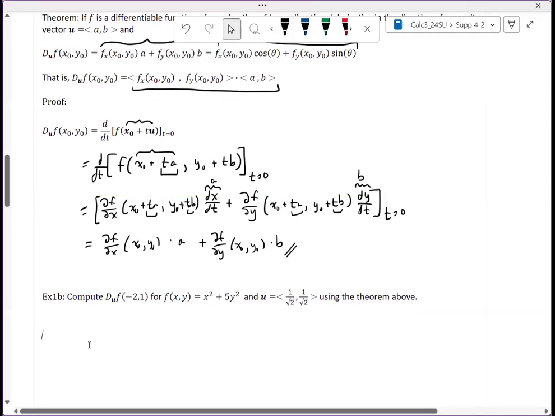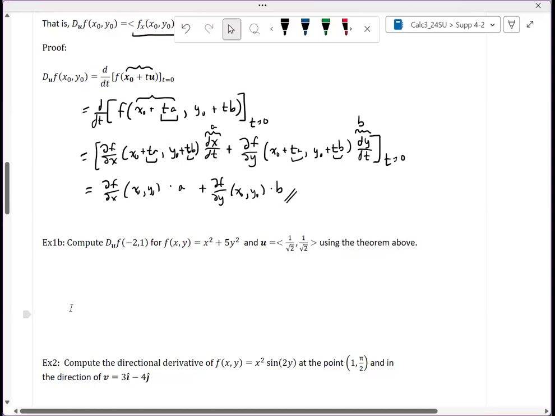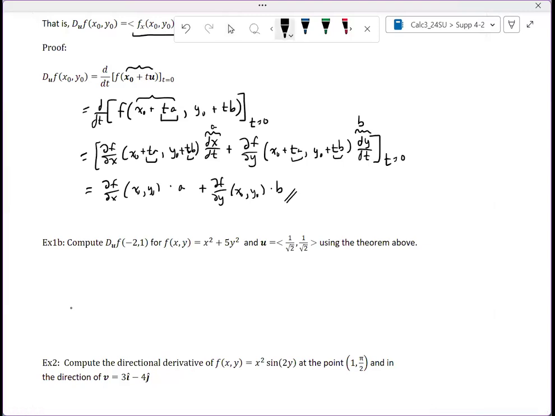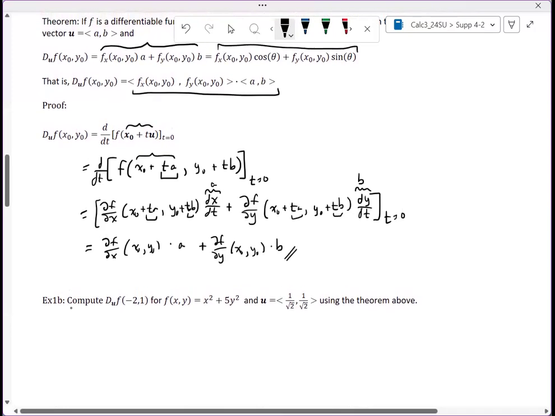Okay, so let's revisit example 1, where we computed the directional derivative with the definition. Let's revisit it and use the theorem. So again, the theorem just says that I multiply my partial derivatives by the components in the direction vector.